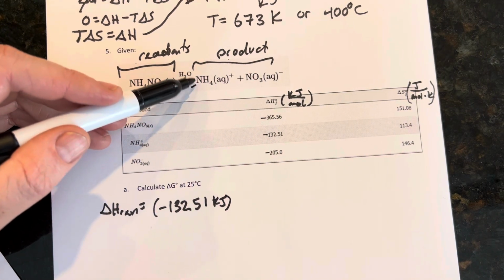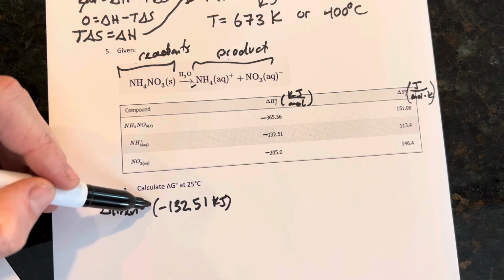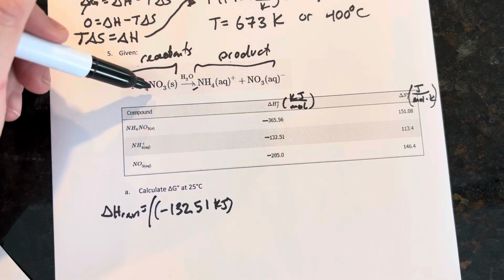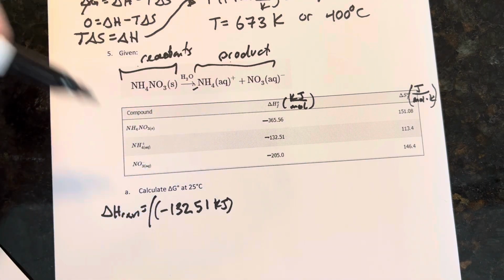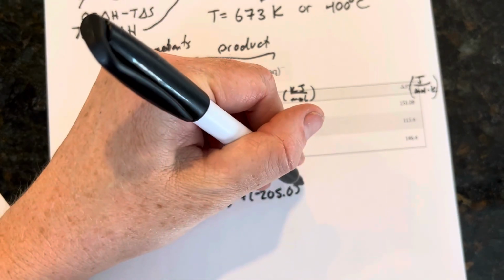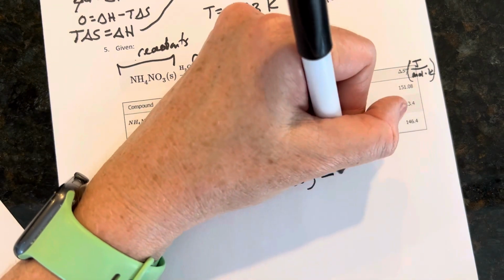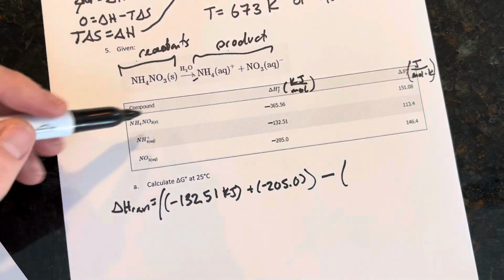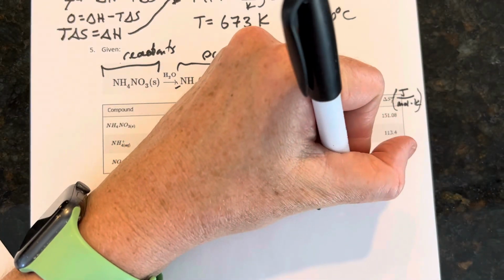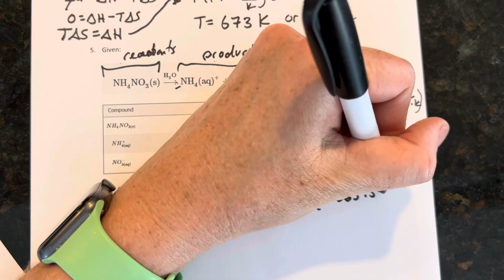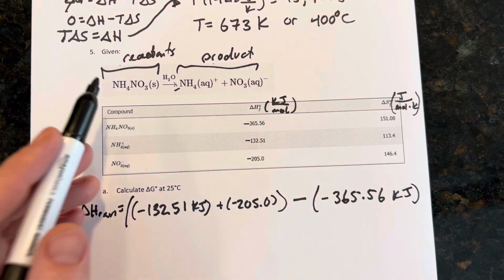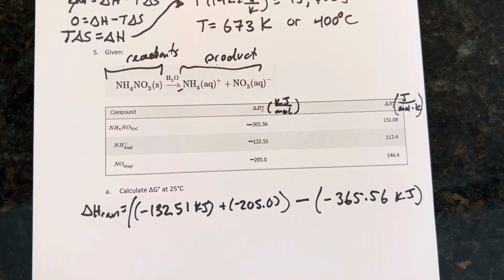If this had been 4 moles here, 4 as a coefficient, I would have multiplied this by 4, right? So there's my products, negative 132 plus this NO3, a negative 205.0, from which I'm going to subtract everything on this side. There's only one thing, and that's going to be a negative 365.56, also kilojoules. It was kilojoules per mole, but each of these again had just 1 mole, so I crossed them out.